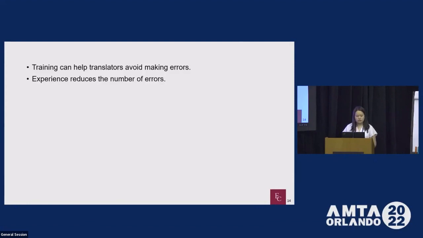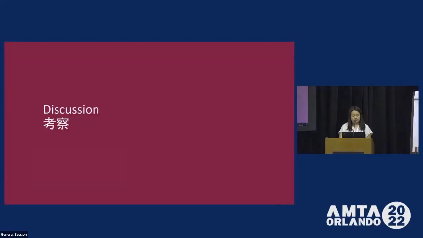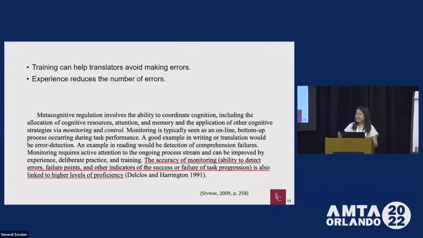Again, there is much room for discussion as to how we should be interpreting ZI models, but in previous research, for example, Shreve 2009 suggests that monitoring, which is one of the metacognitive skills that can be improved through training, can help translators detect errors.